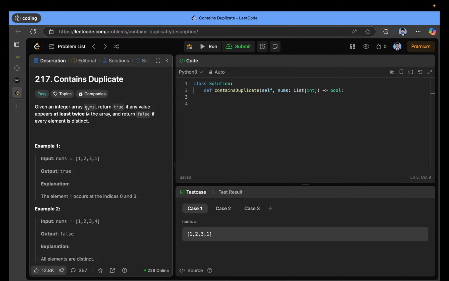Given an integer array nums, return true if any value appears at least twice in the array, and return false if every element is distinct. I have solved this question previously, but I don't remember how I solved it. Let's go with a very basic solution.